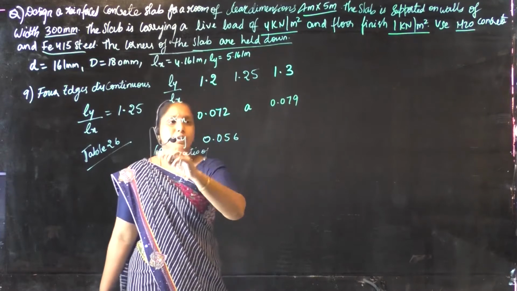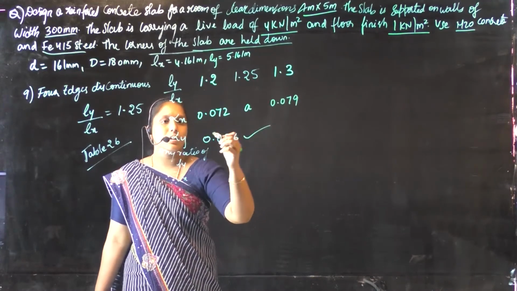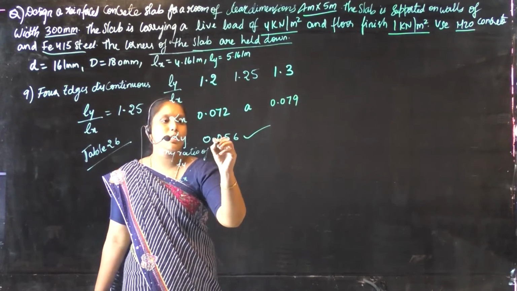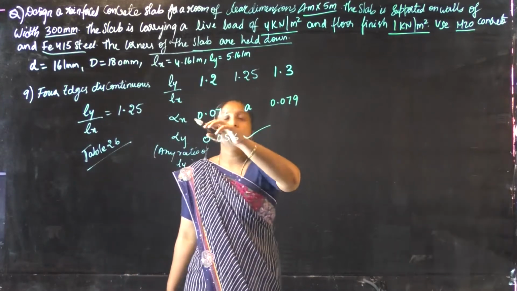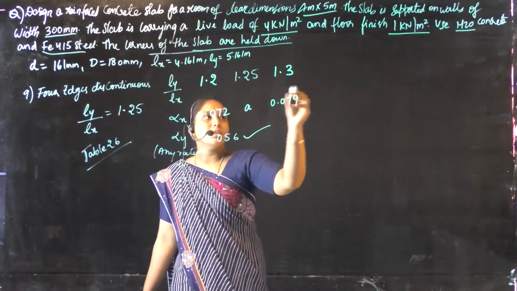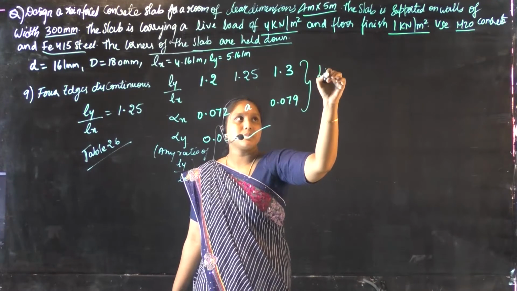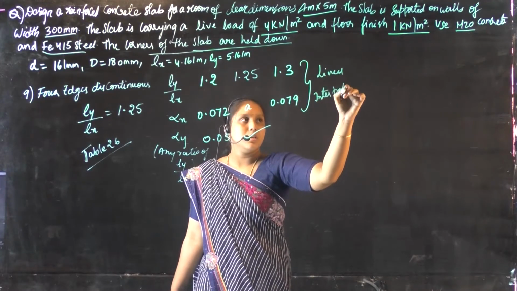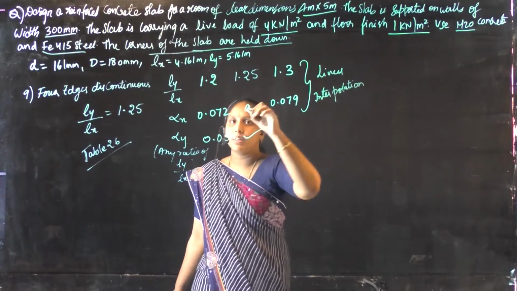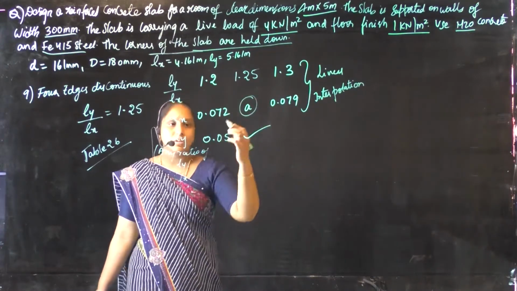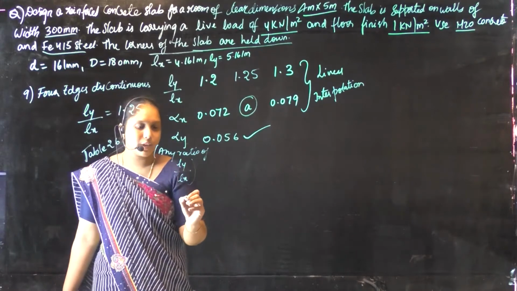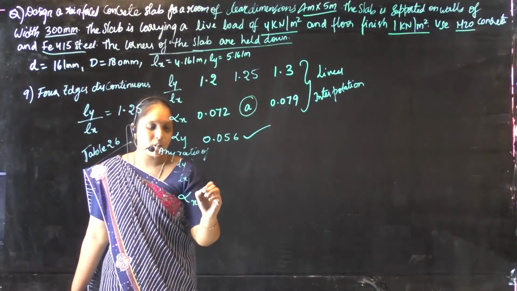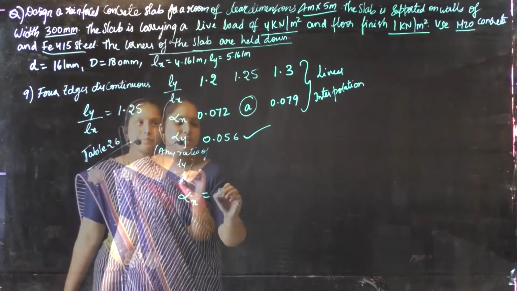The value of alpha y is already known, it is 0.056, but for alpha x we have to find the unknown by linear interpolation. If you do the interpolation, you will get the value of alpha x as 0.075.